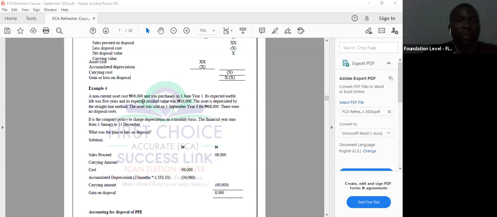Okay. In order to do this, the first thing for us is to pick up the sales proceed. So we look for sales proceed based on our formula. Where is our sales proceed?